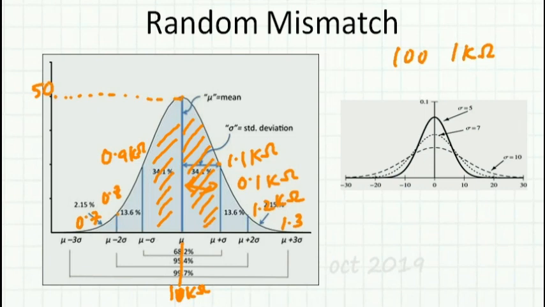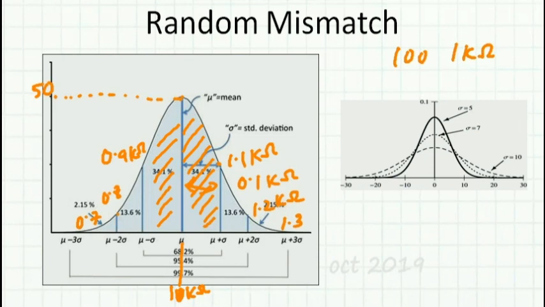Some of them have 0.2 kilo ohm, and some of them have 0.3 kilo ohm plus or minus. The 0.3 kilo ohm is very minimal, and 0.2 is even lesser, and 0.1 is highest.